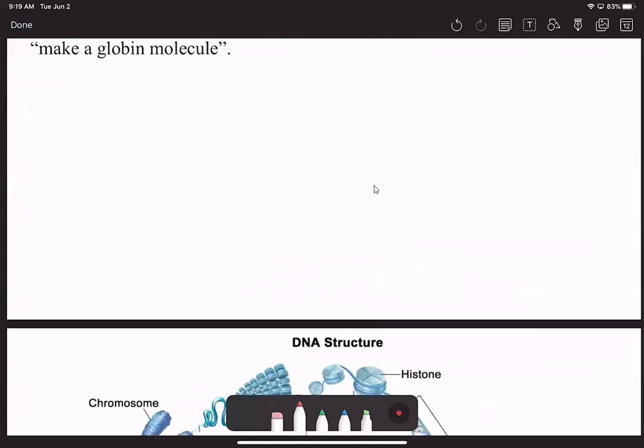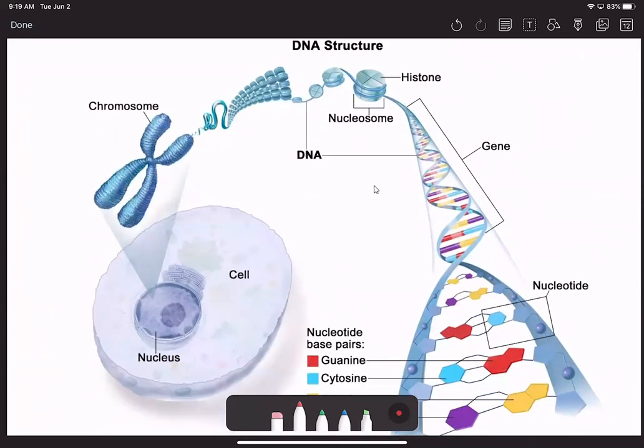So DNA, every chromosome here, right, is one molecule of DNA. So every chromosome is one molecule of DNA. Now, the DNA is wrapped around what we call these histones here, right? So all of our DNA is wrapped around these histones.